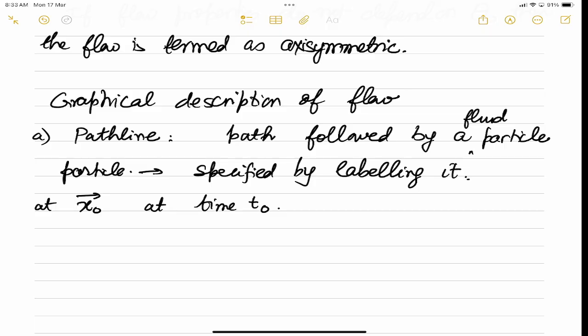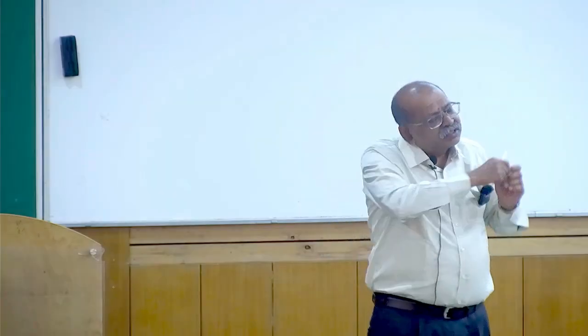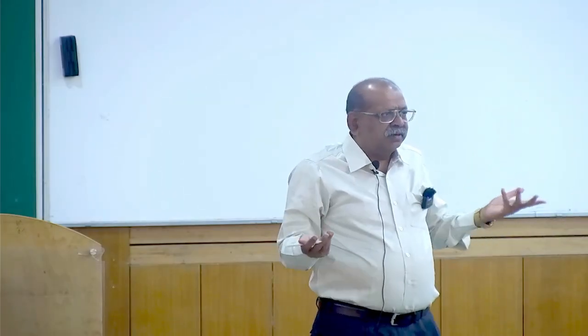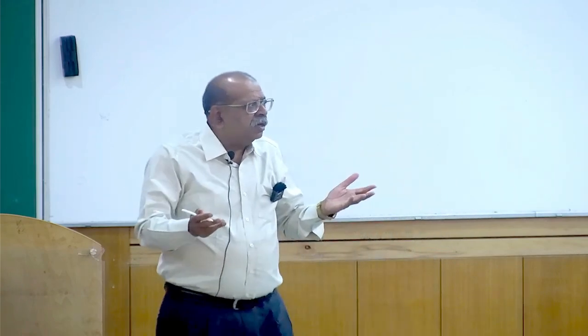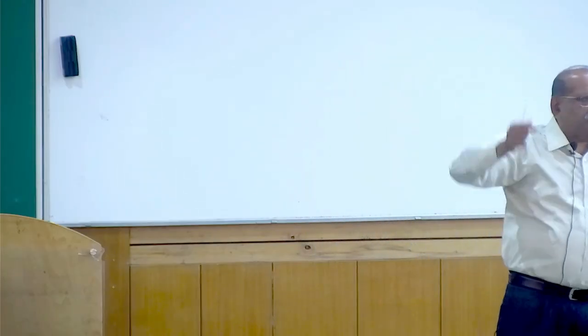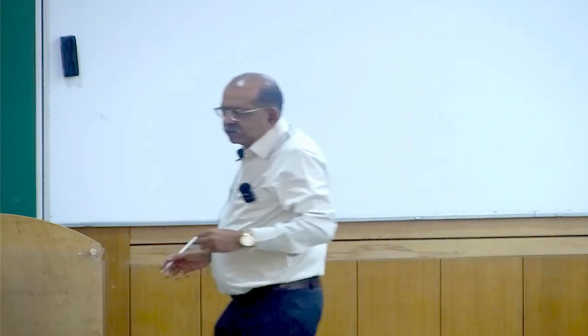Okay? So once I say x0 and t0, I'm talking of a specific particle. And then I follow its path. And this path is called a path line. Is that clear? That's a simple thing. We just follow the path of a particle, we get a path line.